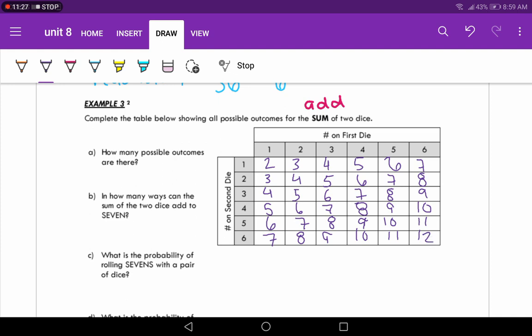Okay, again, recognize the pattern so you don't have to actually take time to fill that in.